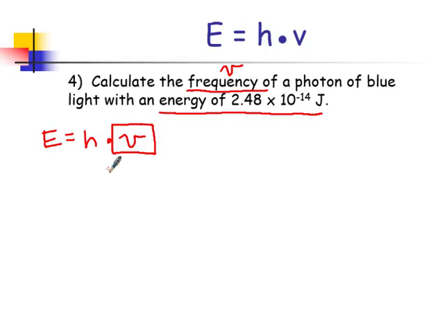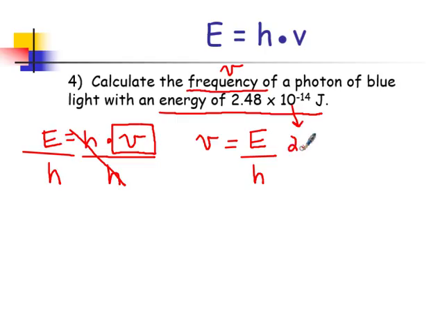So we've got to get rid of the H. So we do that by dividing. We make it pretty on the other side. Frequency is energy over H. We plug in our energy. 2.48 times 10 to the negative 14th joules.